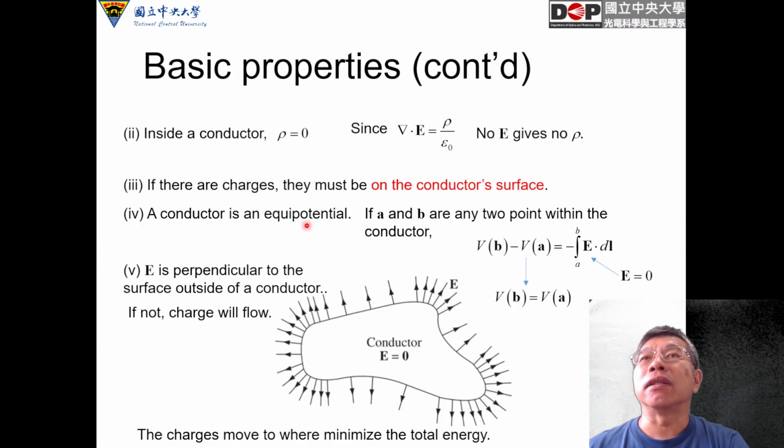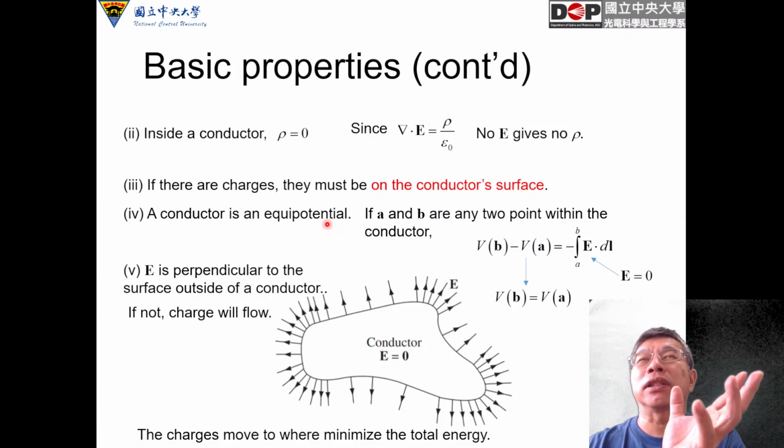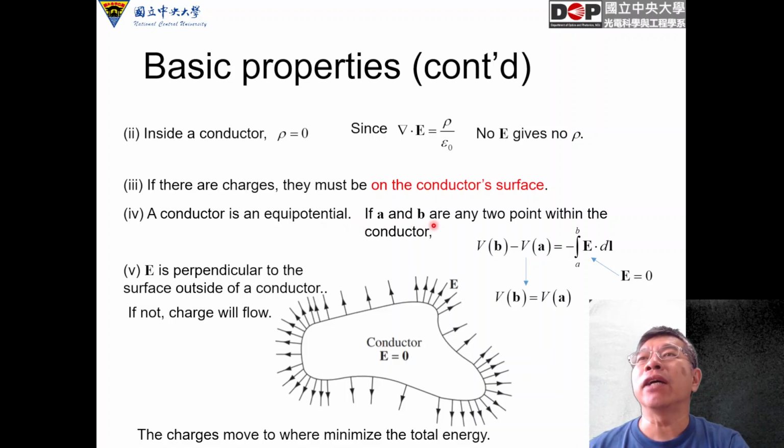A conductor is an equipotential. So all the potential is the same, otherwise charge will move. If A and B are two points within the conductor, there must be no electric field, so the potential must be equal. It's the same thing on the surface.